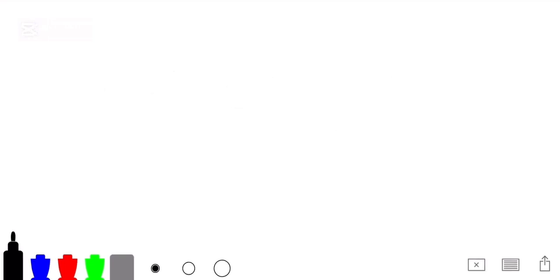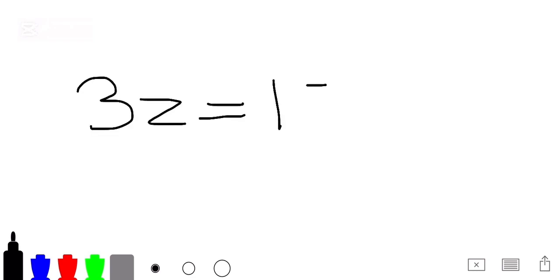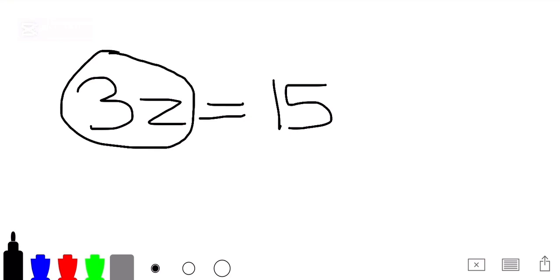You might come across something like this. It's when a number is right next to a variable and there's no symbol between them, and this means that z is getting multiplied by 3. And to isolate the variable here, the opposite of multiplication is going to be division.